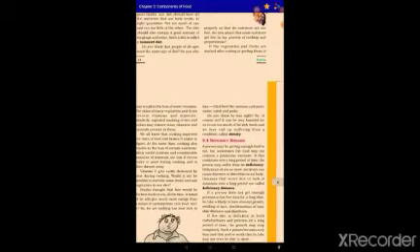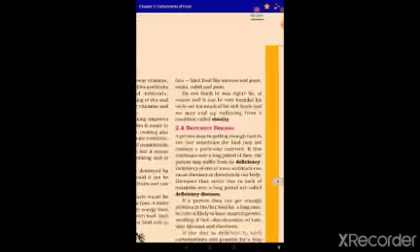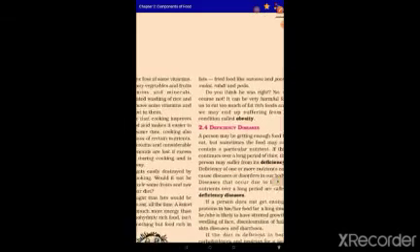So now coming to obesity. What is obesity? Obesity is the condition of a body that becomes a fat person.